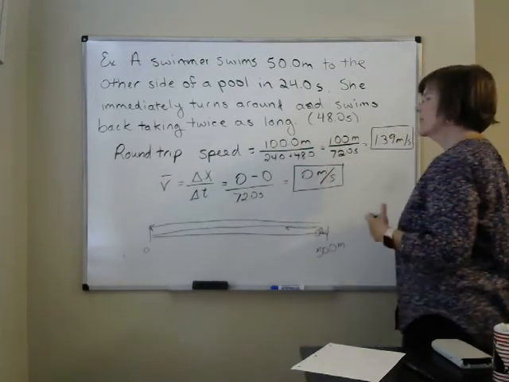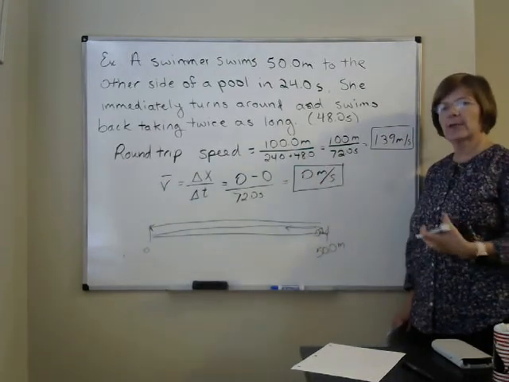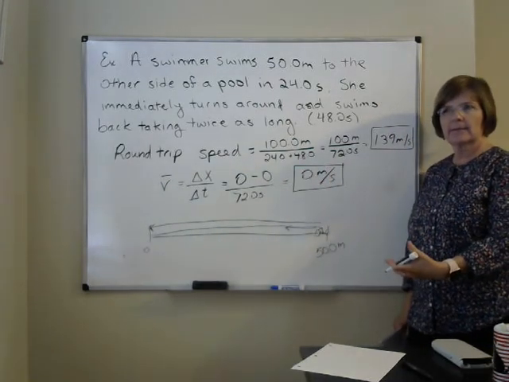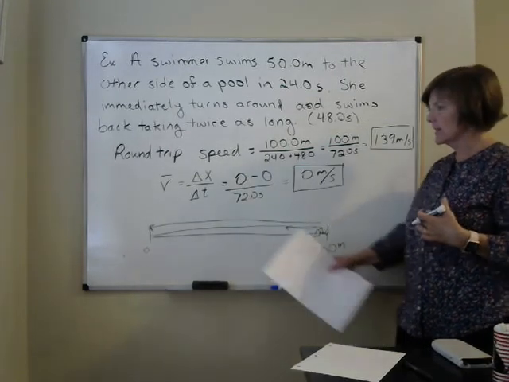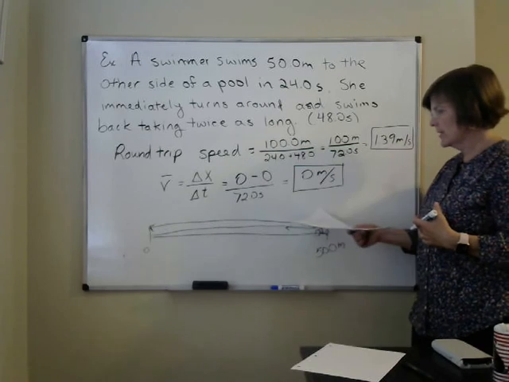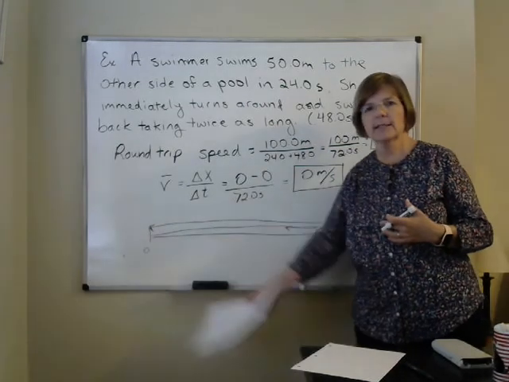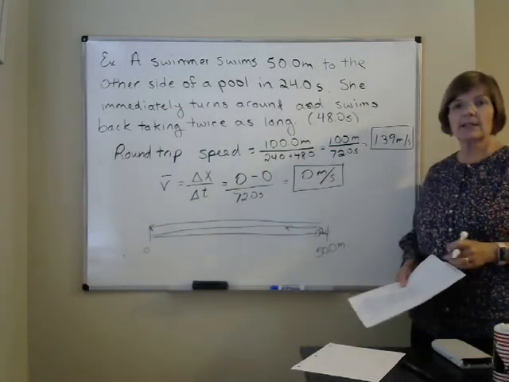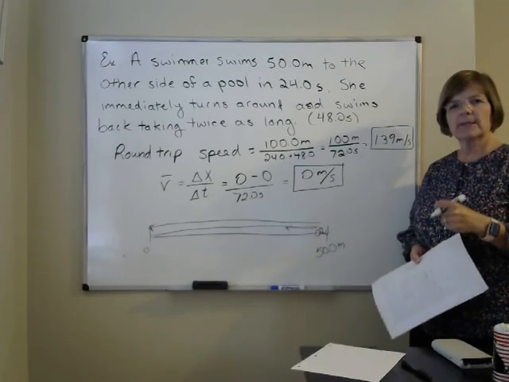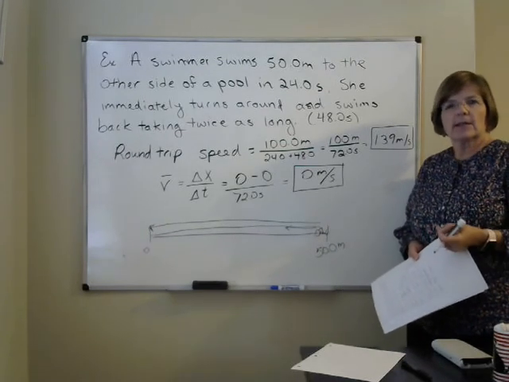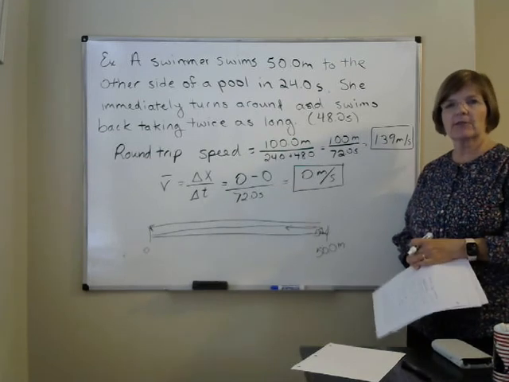Her average velocity was 0 meters per second. Makes perfect sense. She had a positive velocity for the first part of the trip. She had a negative velocity the second part. The average velocity came out to be 0. Anytime the displacement is 0, the average velocity is 0.